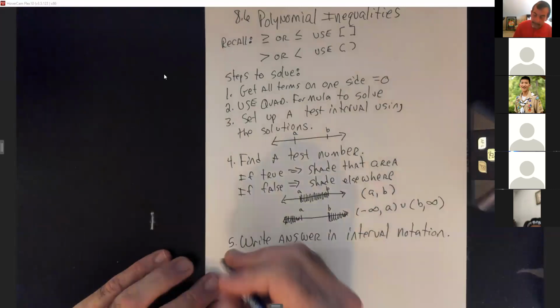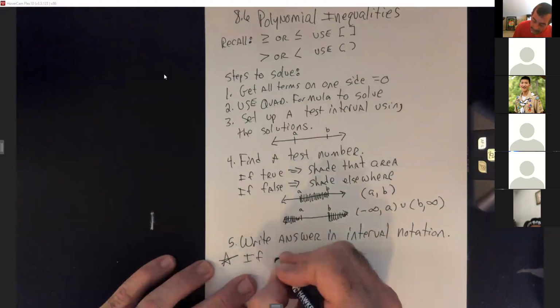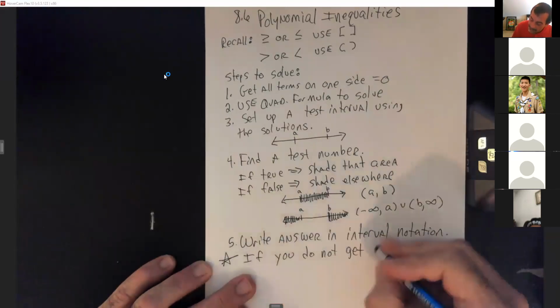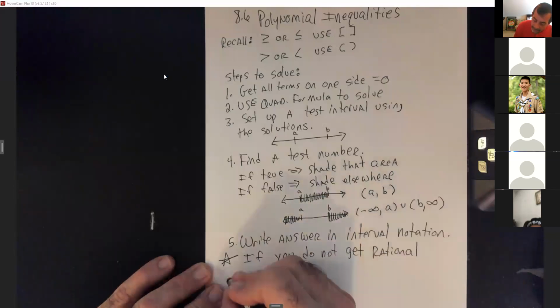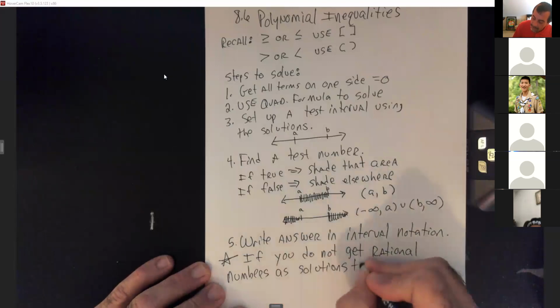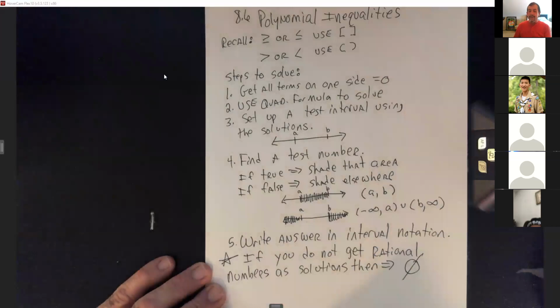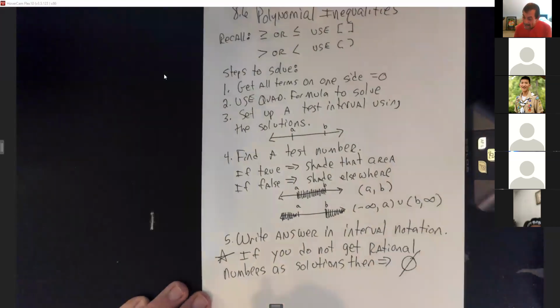Now, if you do not get rational numbers as solutions, then you get what we call no solution. So that just means you got an empty set, that it didn't have no answers, okay?